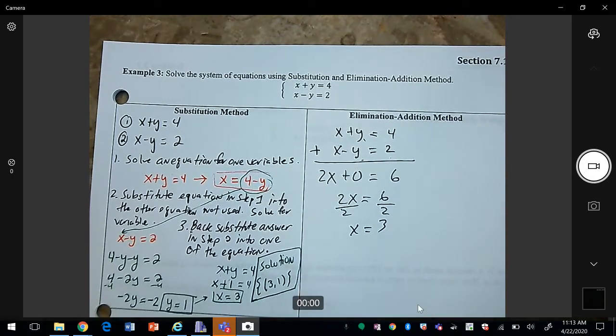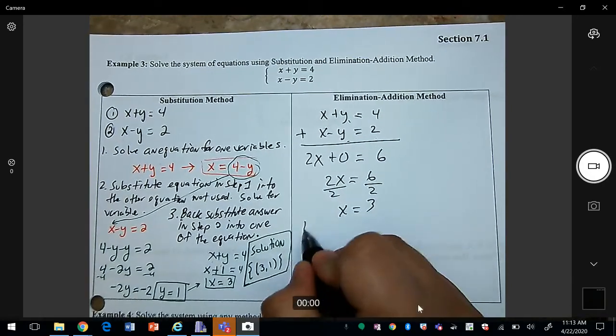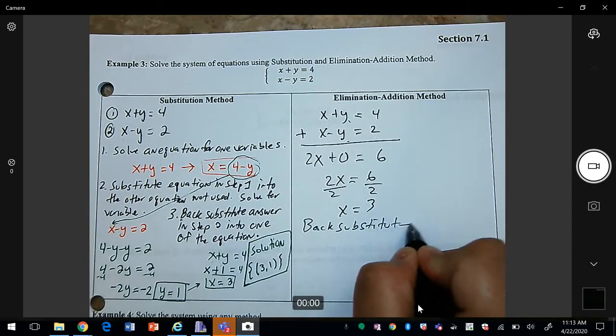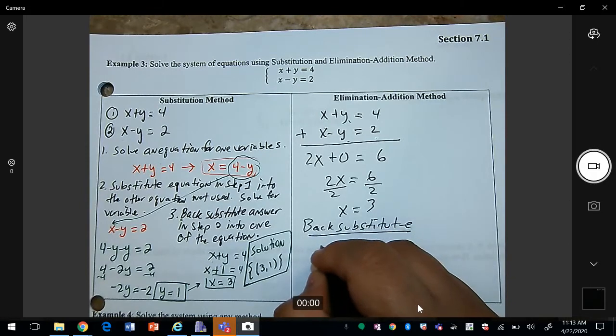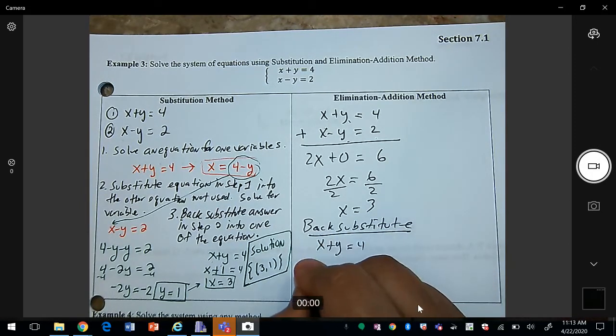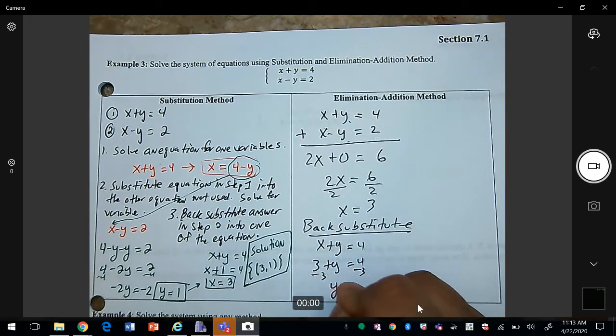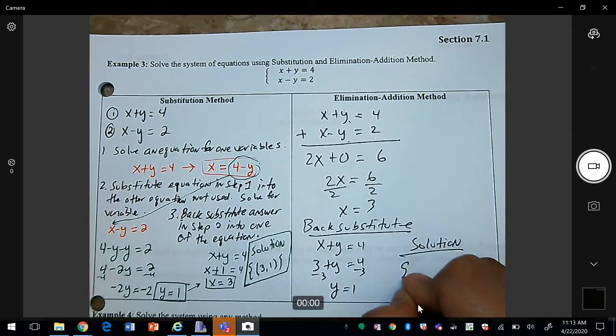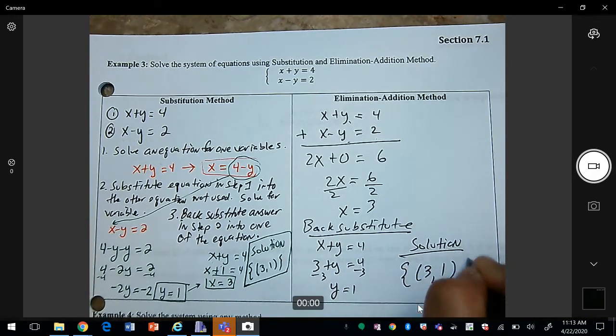Once you have an answer for one of the variables, then we back substitute as we did in the substitution method. And you can pick any of the equations. So x here we found out is 3. Subtract 3 on both sides, so y is going to be equal to 1. So our solution is x is 3 and y is 1.